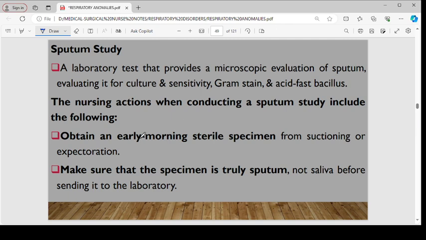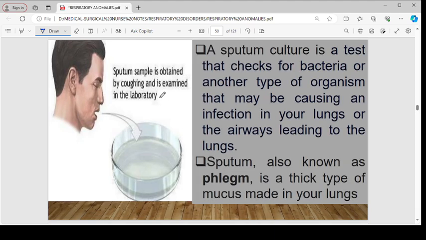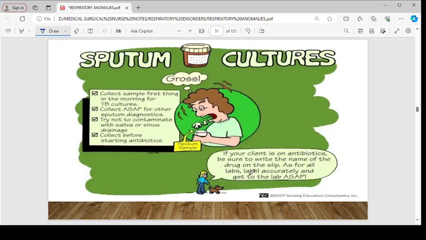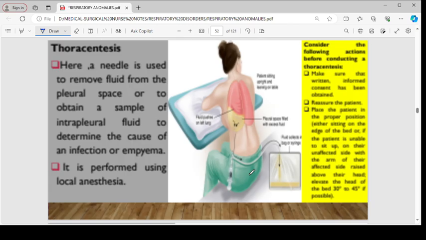So you have to obtain an early morning sterile specimen from suctioning or expectoration, and make sure the specimen is truly sputum, not saliva, before sending it to the lab to avoid false results. Sputum is obtained by coughing and is normally examined in the lab. Okay, sputum is also known as phlegm. So it's a thick type of mucus that is made in your lungs, and that is what we want for examination.